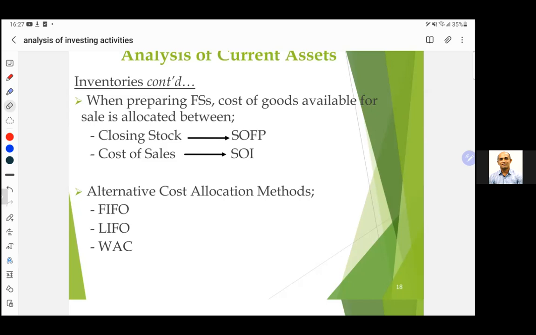Here what happens is, with these cost allocation methods, you are going to allocate inventory costs, the cost of the company's inventory, between cost of sales and closing stock.